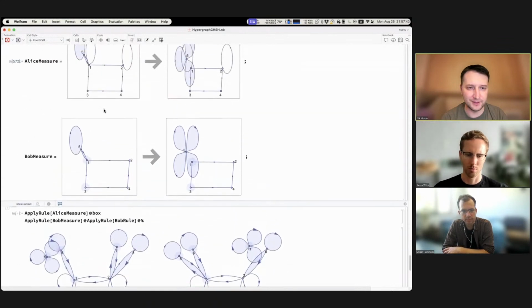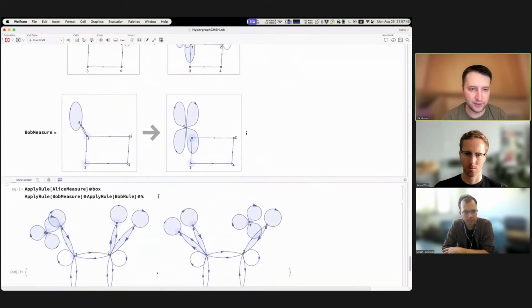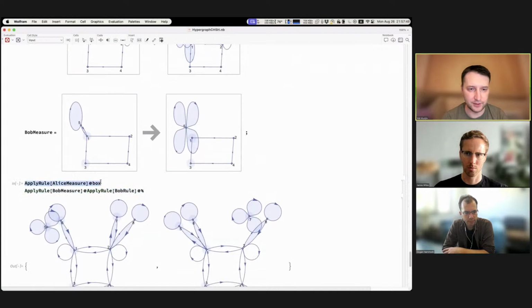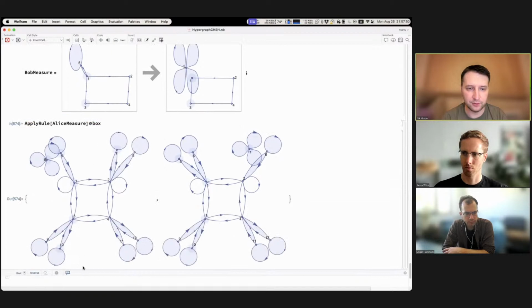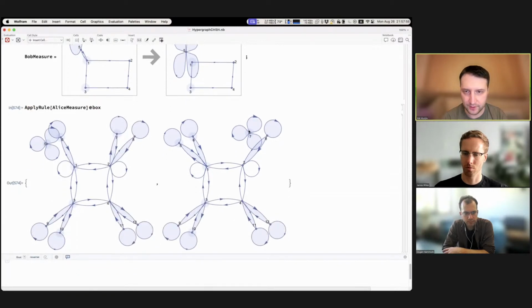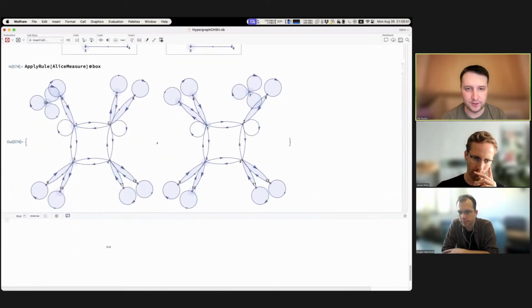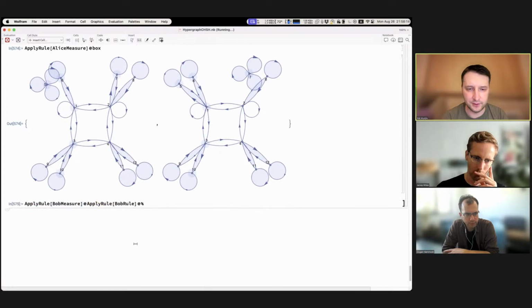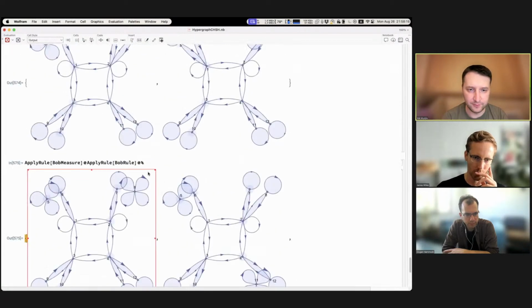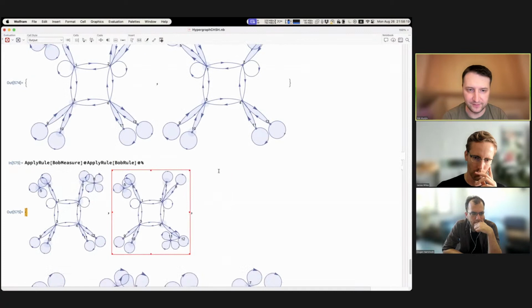When you implement this rule instead of the above and apply measurement to the box, you again get the two branches, right? But now because the interface hasn't gone, if you apply the Bob rule or Bob measurement, you apply the swap to each of those branches and then measure, it will result in 4 different potential scenarios, right?